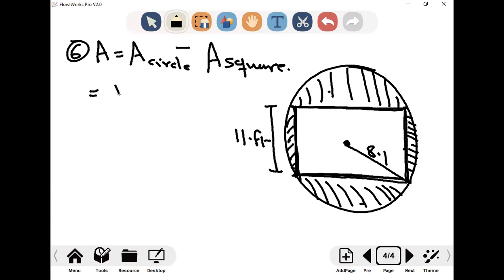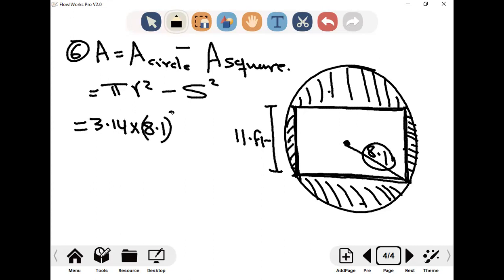Area of the circle is pi r to the power 2, no half, it's a full circle, right? Minus the area of the square, s times s. Apply. This is equal to pi, 3.14, multiply the radius 8.1 to the power 2, minus s, 11.5, all to the power 2.